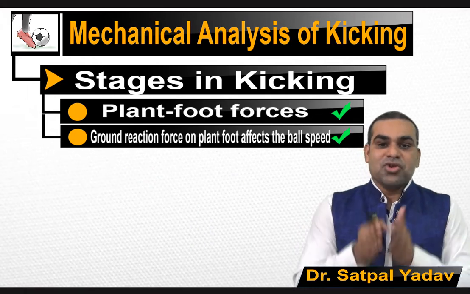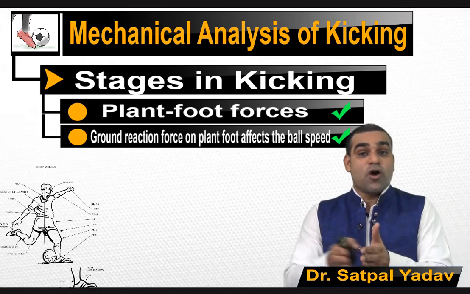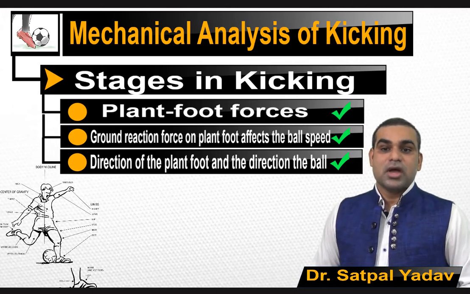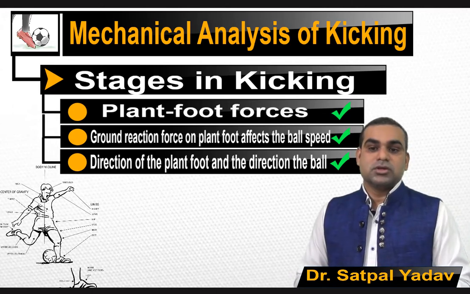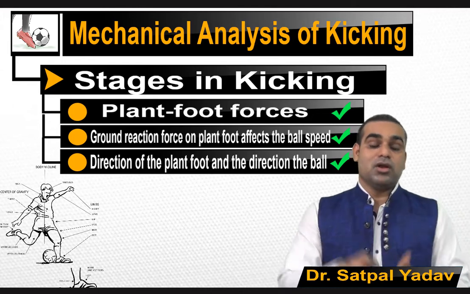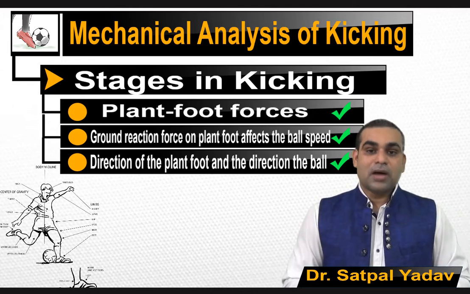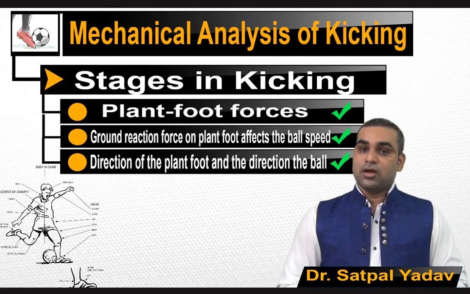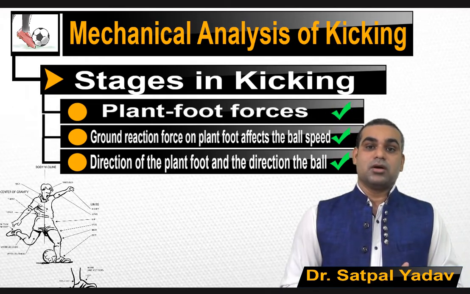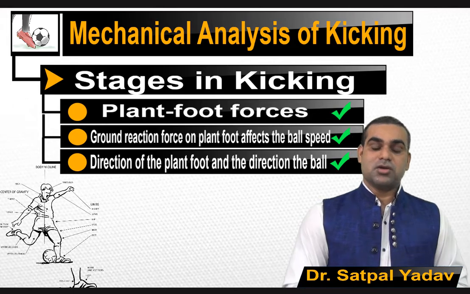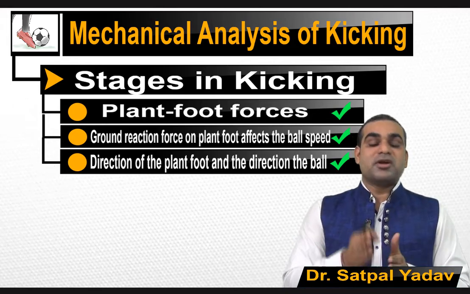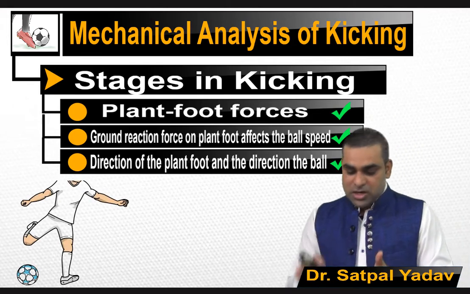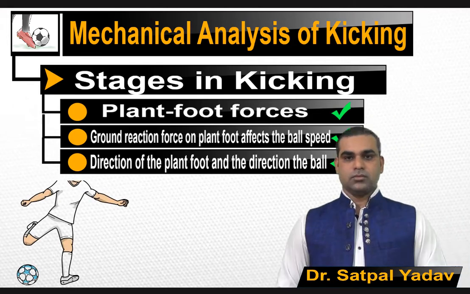There is also a direct relationship between the direction of your foot plant, where you have planted your foot, and the direction of the ball travel. Right? The direction of the ball will depend on the plantation of the foot. So the most accurate direction of the ball can be through the center of the ball.